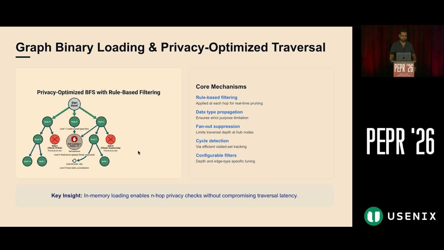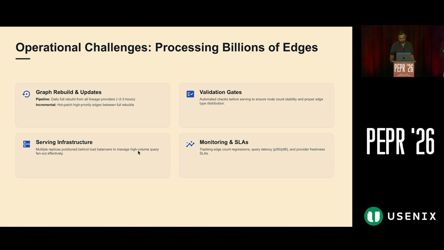We also have fan-out detection to understand which node is exploding and try to understand the reasoning for that. We try to keep the graph acyclic, so we do cycle detection, and we also have configurable filters so that users can send specific configurations to access the graph of interest.